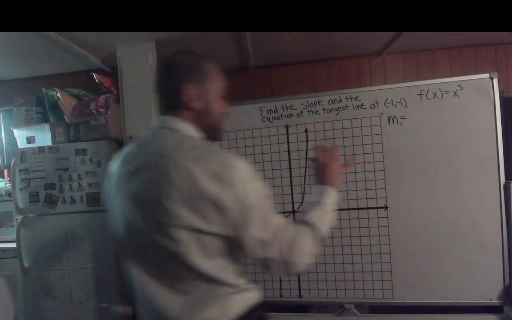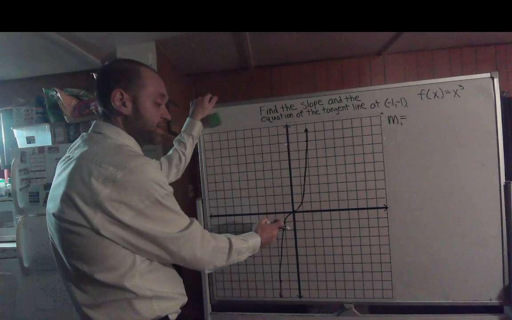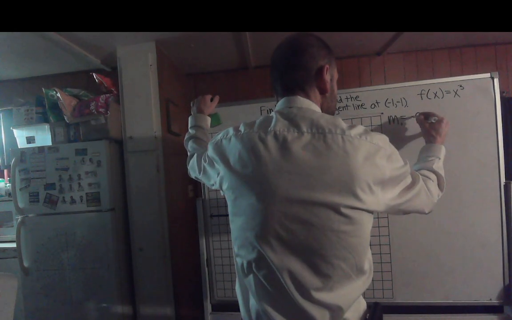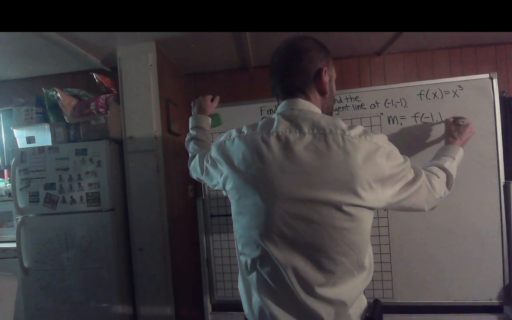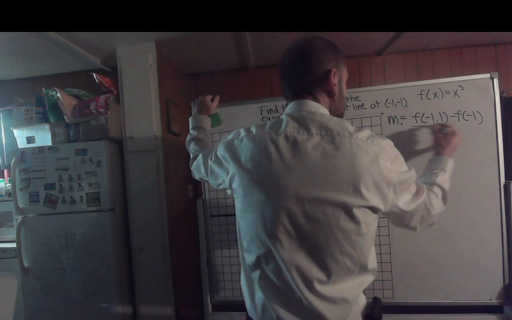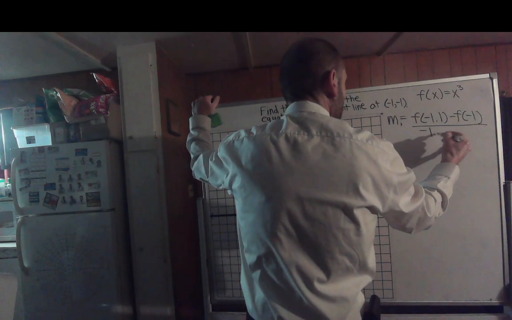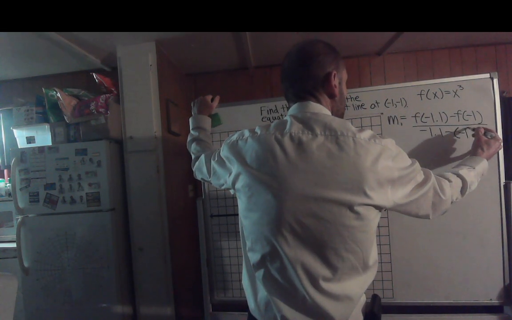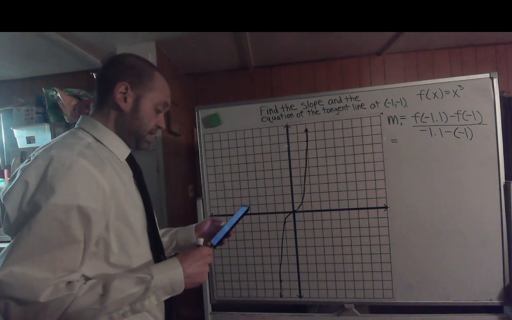So if I go to the left of x equals -1, that means I'm going to take f of -1.1 minus f of -1, divide that by -1.1 minus -1. Well, what is -1.1 to the third power? That's exactly what I need to figure out.